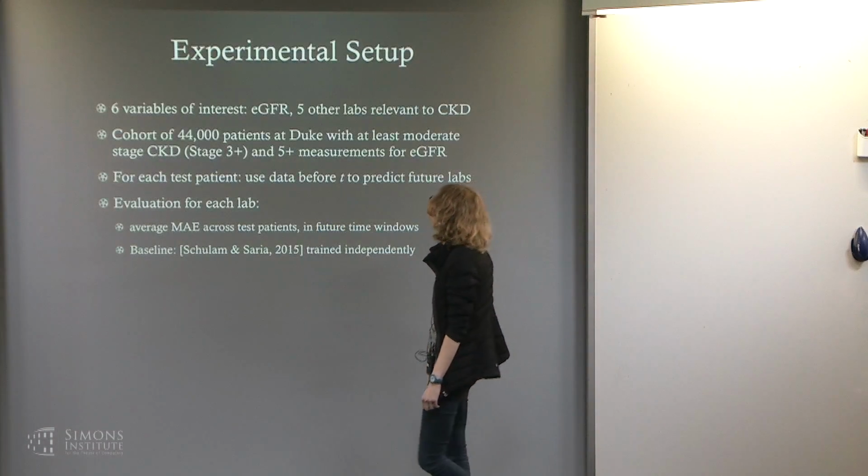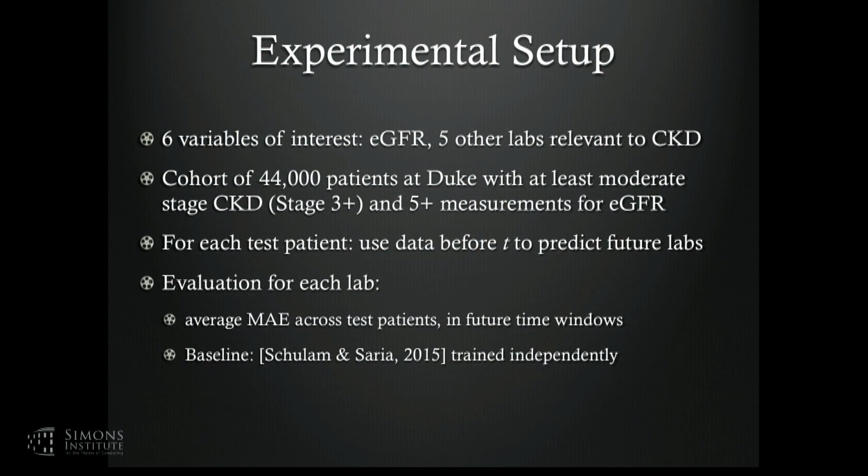OK, so we look at 6 variables of interest: the eGFR, which I talked about, and 5 other labs related to chronic kidney disease. We look at a cohort of 44,000 patients at Duke with at least moderate chronic kidney disease, and a whole bunch of measurements. Basically, again, this is the creatinine lab value.